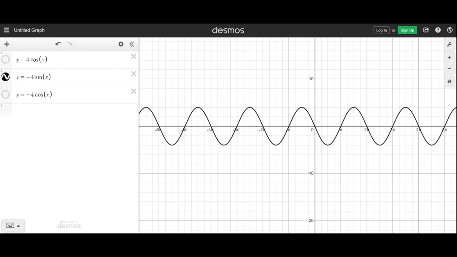So how fast is the spring moving before we let it go? 0, right? It's not moving at all. So I've stretched it out, I haven't let it go yet. So at time t equals 0, that's where we're starting.